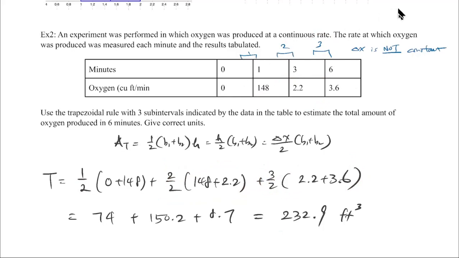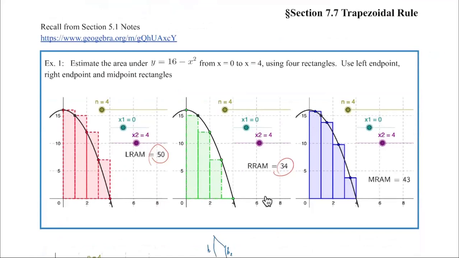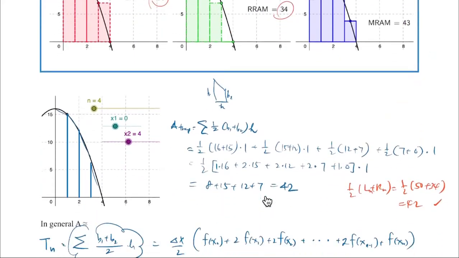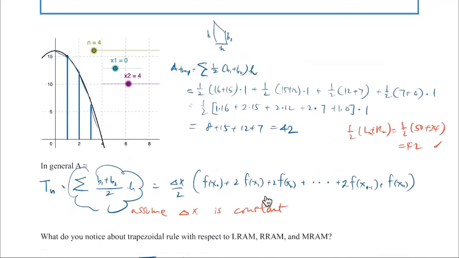So if you have any questions or concerns or worries, we could talk about it in class, right? All right. So let me just go through a quick overview of what's going on. So in the trapezoidal rule, the big takeaway is that we're using the trapezoidal formula to calculate the area.